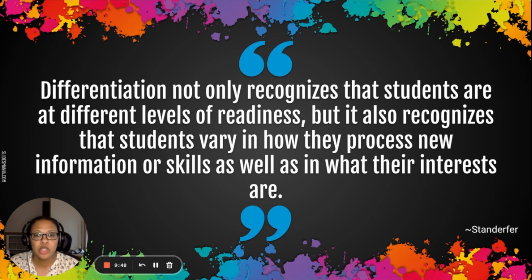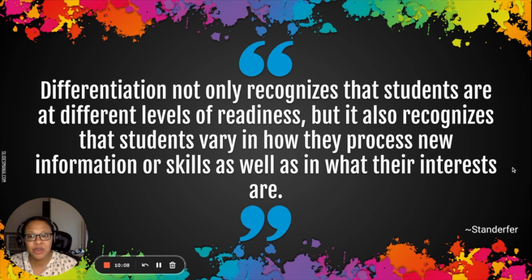So, differentiation not only recognizes that students are at different levels of readiness, but it also recognizes that students vary in how they process new information or skills, as well as in what their interests are. So, we've hit those three areas, right?